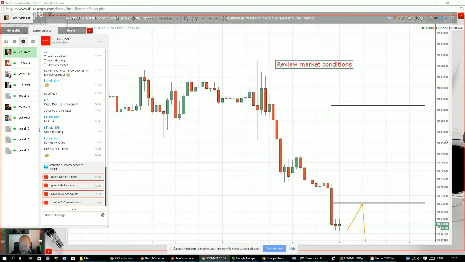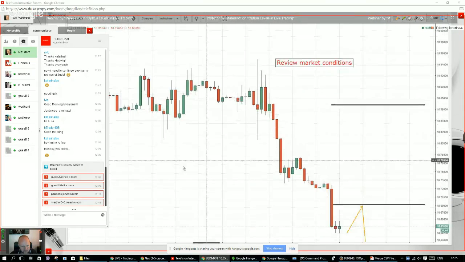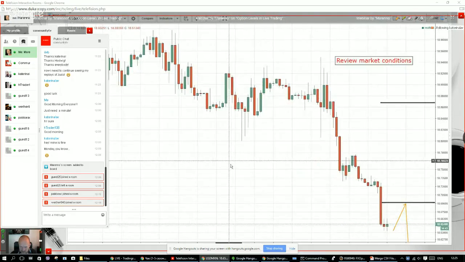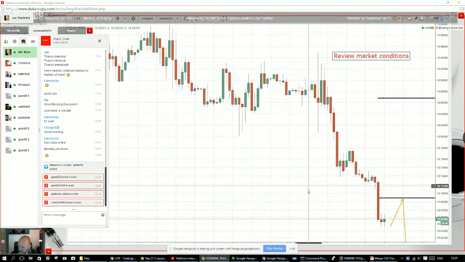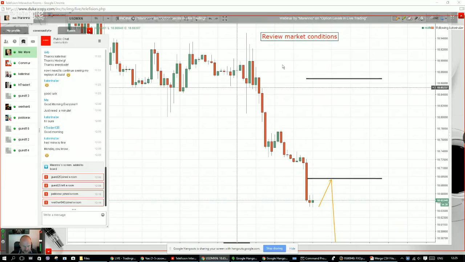Okay, then Mexican. What do we see here? The price is going down at the moment, as we can see, it's quite clear here. We did have very good down movements on Friday.